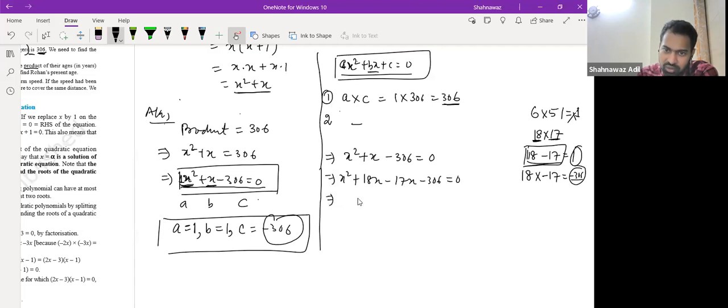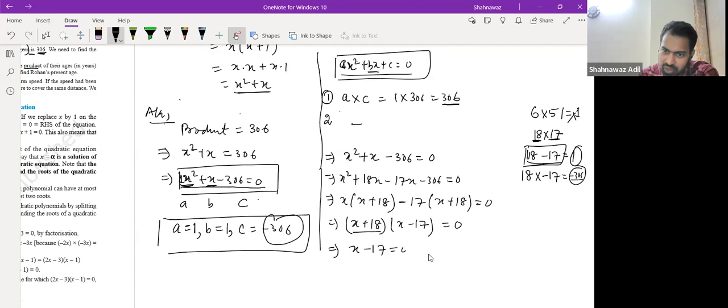So x into x plus 18, minus 17 into x plus 18, equals 0. If we take x plus 18 common, this is x minus 17. So x minus 17 is 0 and x plus 18 is 0. We will get x equals 17 and x equals minus 18.